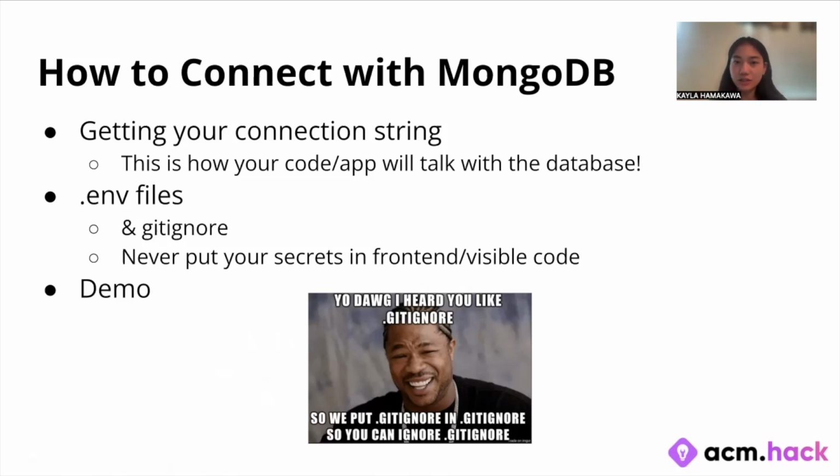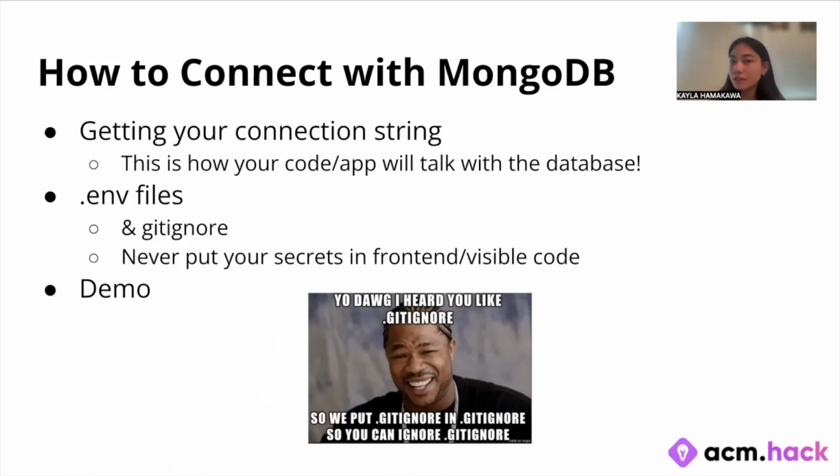And this connection string is how that is done. But this is a sensitive thing. It's kind of like a key. So you don't want to make it visible in your code.